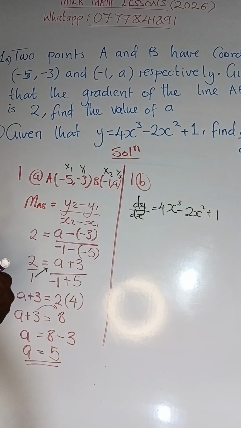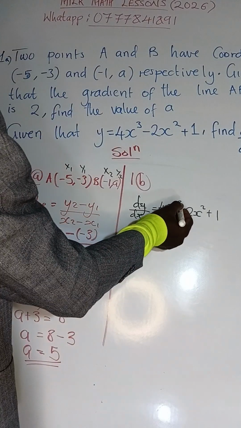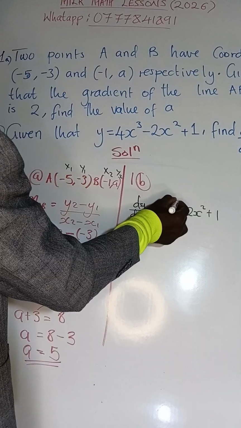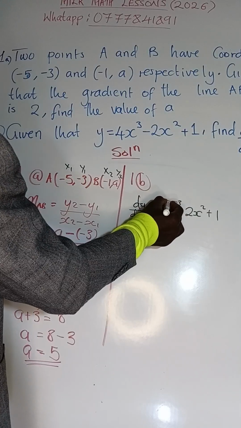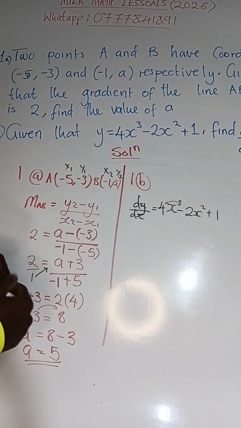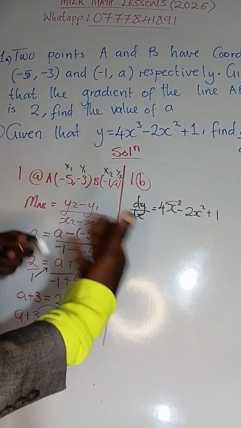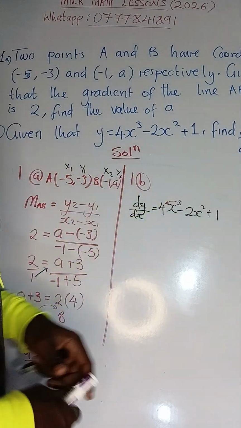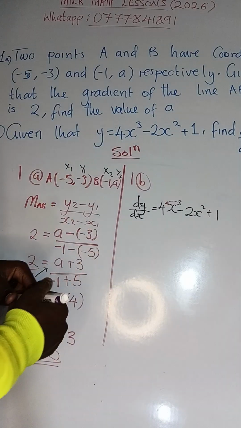If we talk about differential calculus, you multiply the power times the base, then the power will subtract 1 because it is part of differentiation. Then if it's a constant value, we are just going to remove it. So that is easy.